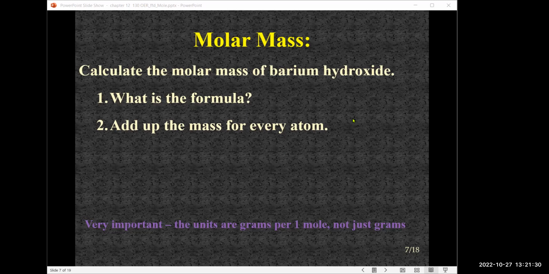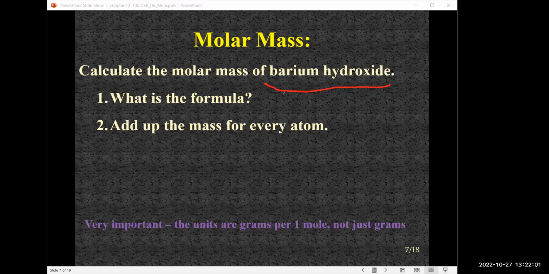Basically, you take the element or the compound, and you add up the number of atoms of each atom that's in that compound, multiplied by its respective atomic weight, and sum everything up, and that is the molar mass. But before we do any of that, we have to figure out what the formula is, and that's why we've been writing formulas out, given the names.